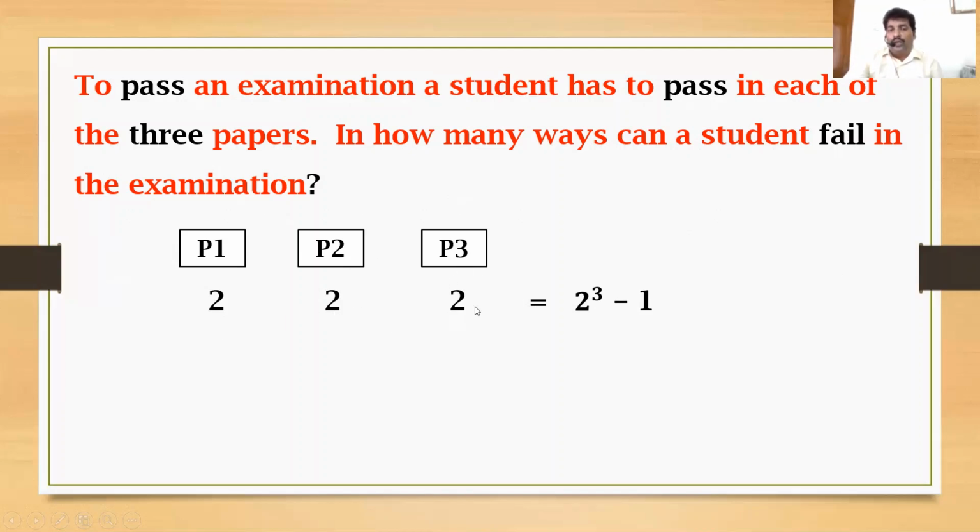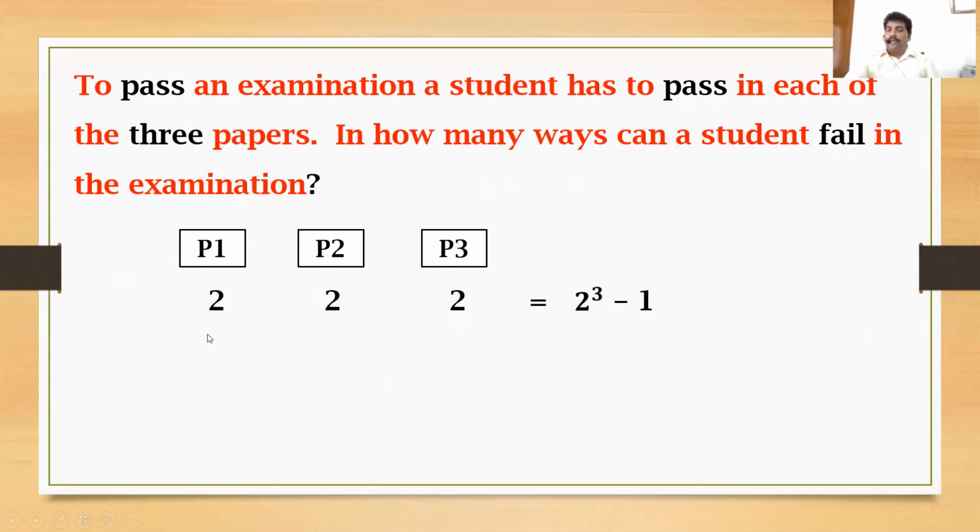So 2 into 2 into 2, from our fundamental principle, 2 cube. But if he passes the first paper, the second paper, and the third paper, then he has passed. But our question is, in how many ways can a student fail the examination? So that one case you have to subtract. That one case you have to minus.